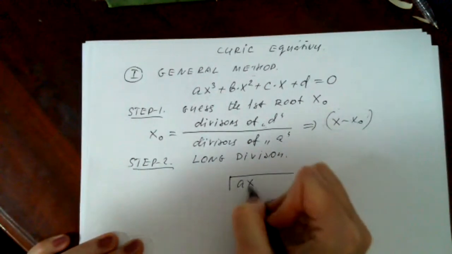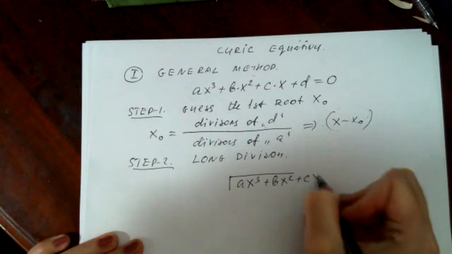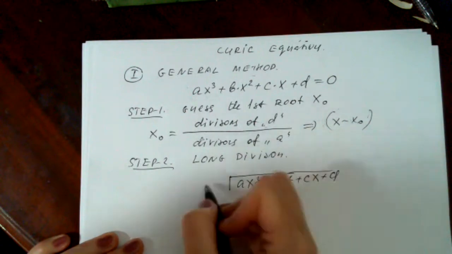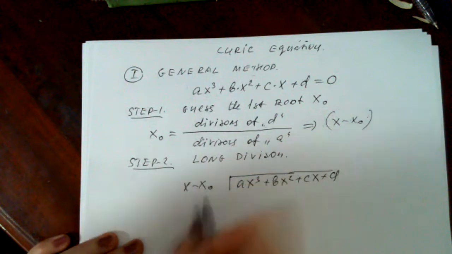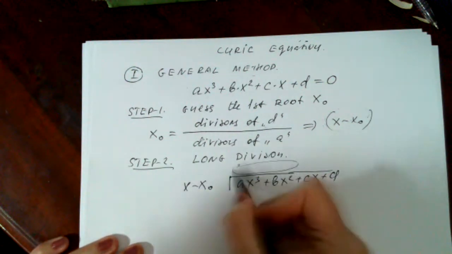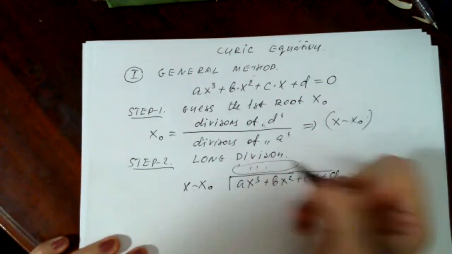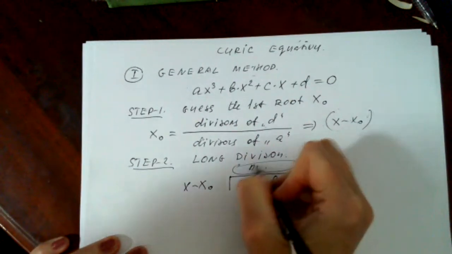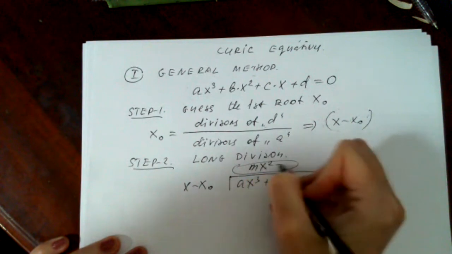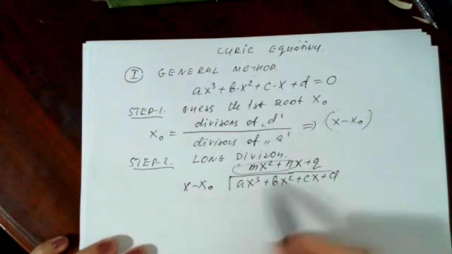This is our initial cubic polynomial. It should be written here. And then it should be divided by this guessed factor, x minus x0. And you will get a result here. So here you will end up having some quadratic expression, by the way. Let's write it down as m x squared plus n x plus q.